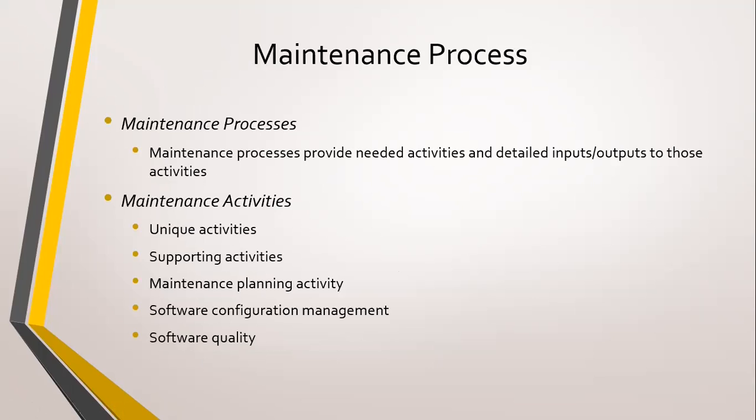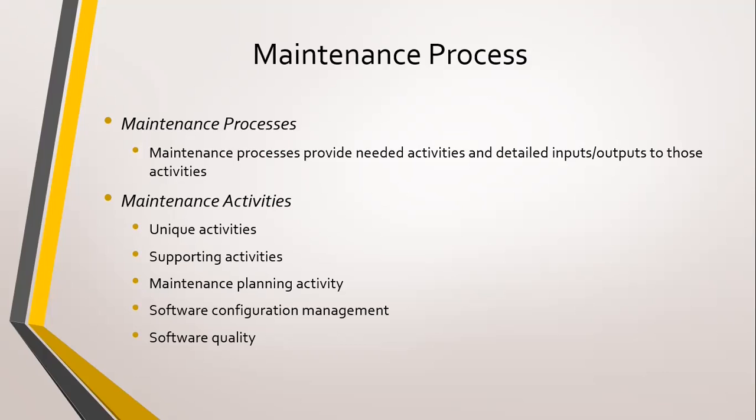Then, maintenance process. Maintenance processes provide the needed activities and detail the input and output of those activities. I have listed a few maintenance activities. You can see unit activities, support activities, maintenance planning activities, software configuration management, and software quality.